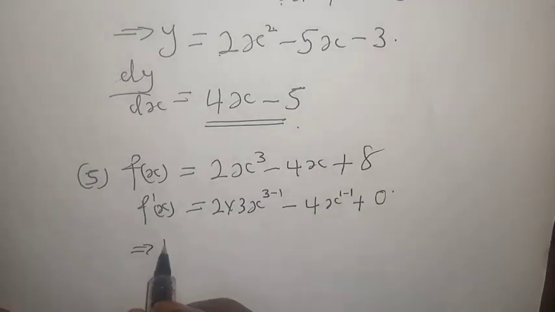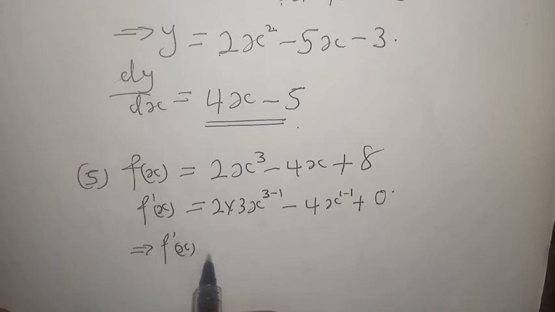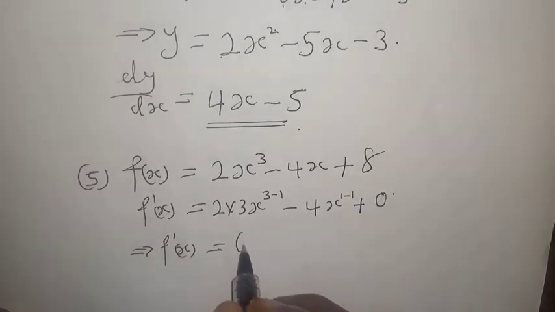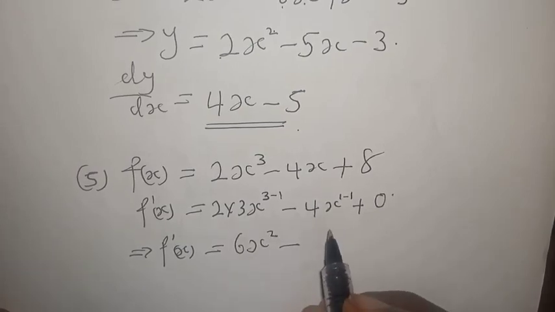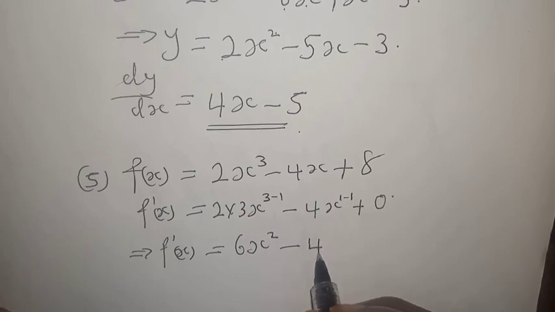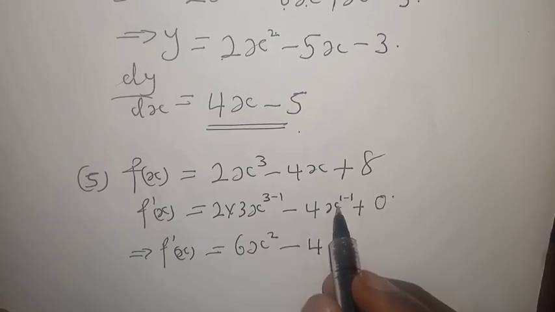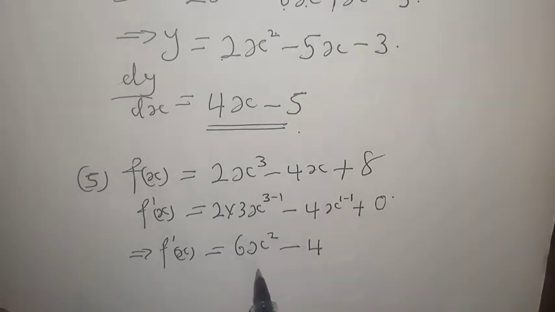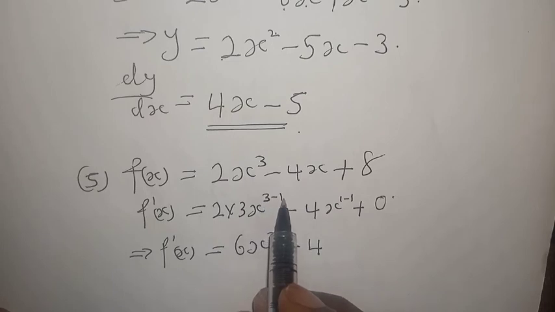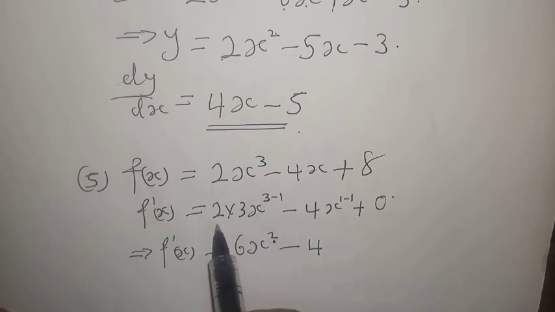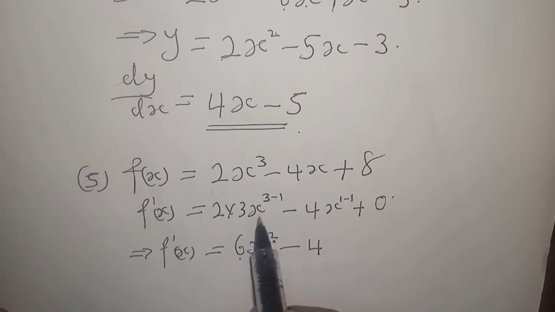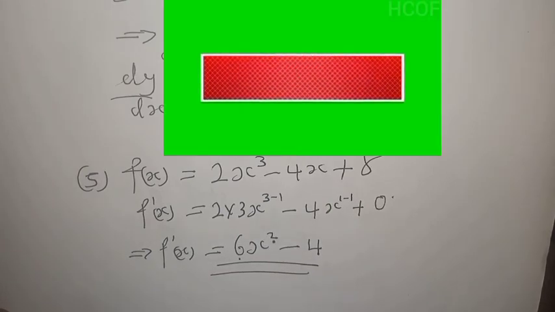This implies that f prime of x is equal to 2 times 3, 6x squared minus 4, because x raised to power 1 minus 1 is equal to x to the power 0, and anything raised to power 0 is equal to 1. Then 3 minus 1 is 2. That is how we get this 2. 2 times 3 is 6x raised to power 3 minus 1, 2, then minus 4. Answer.